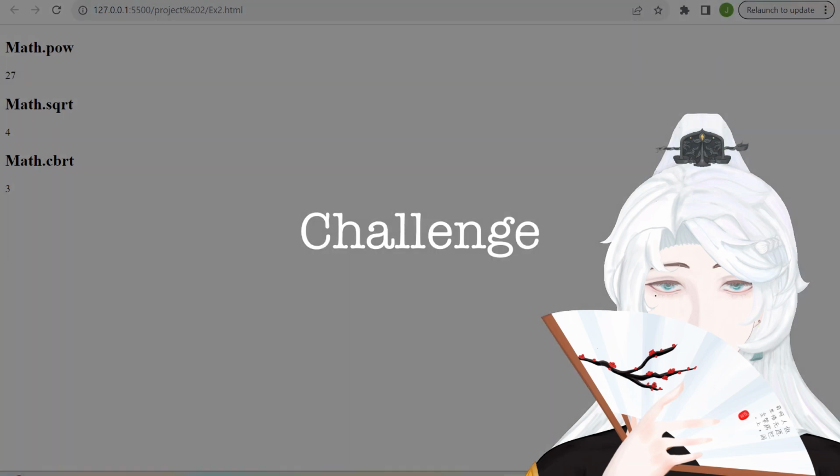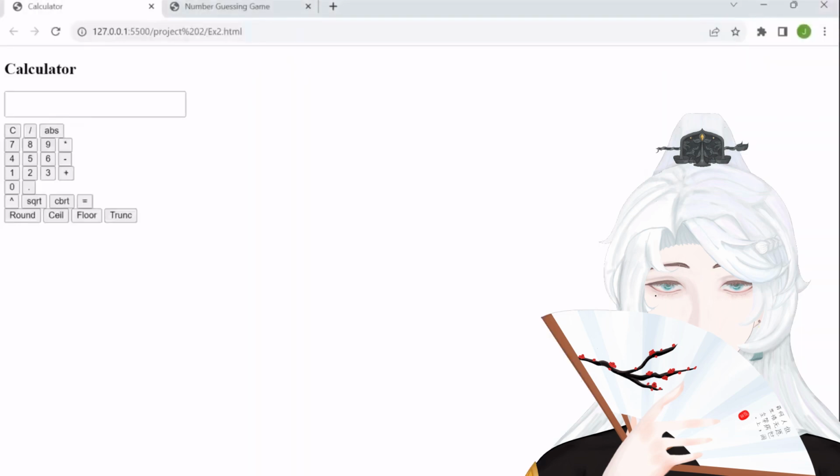Now let's have a challenge. So try to replicate this calculator that have the basic numbers 0 to 9, including a decimal point. Add, subtract, multiply, divide, something to the x power, square root, cube root.